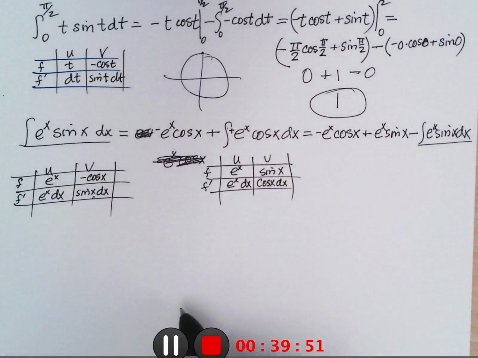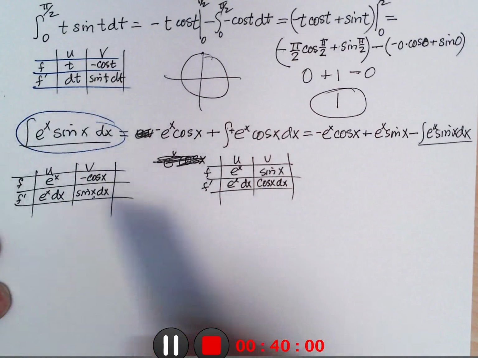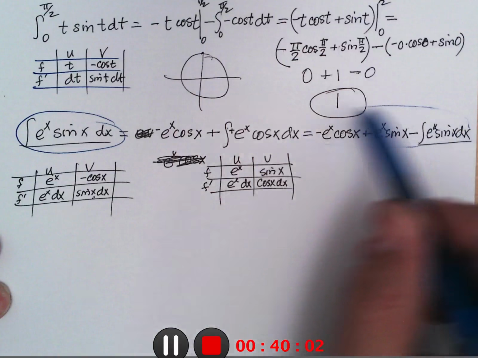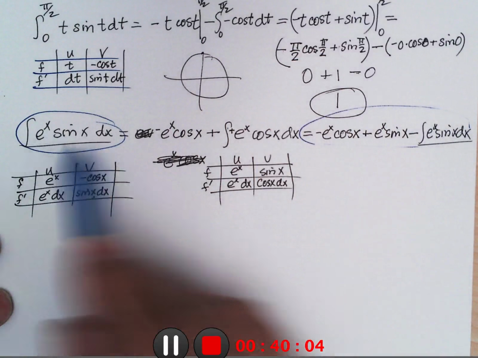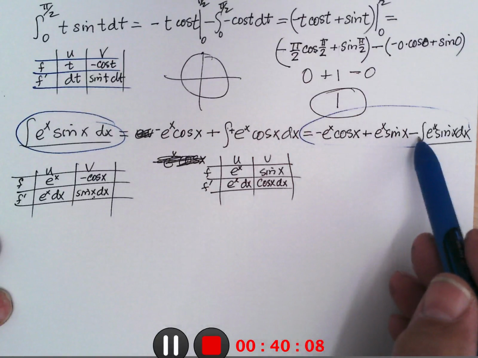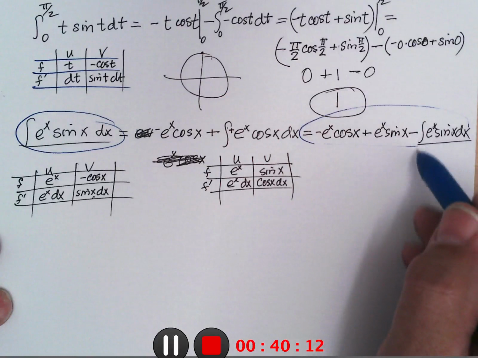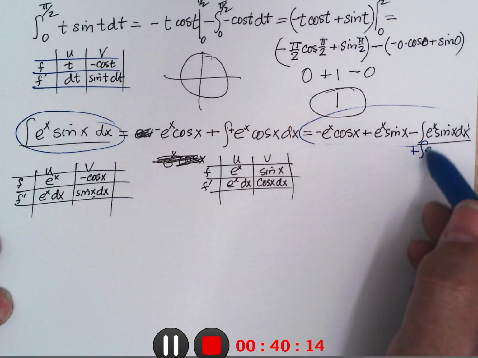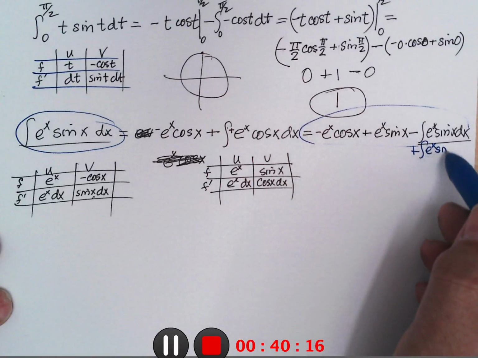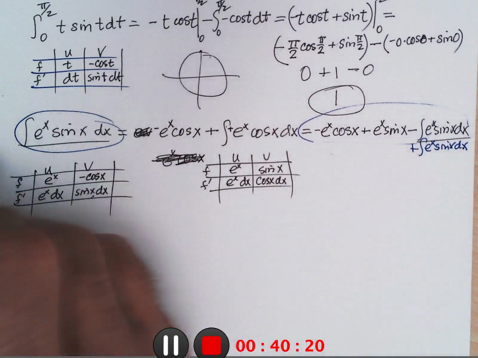But since this equals all of this, it's like an equation where x equals some numbers minus x. I can add this to both sides. I can add the integral of e to the x sine x dx to this side of the equation and to this side.